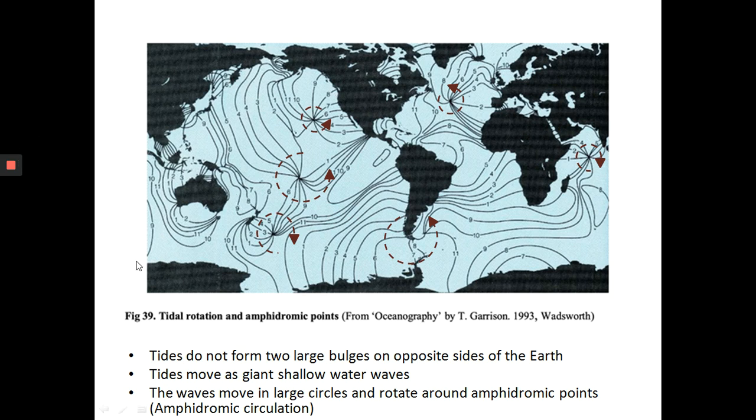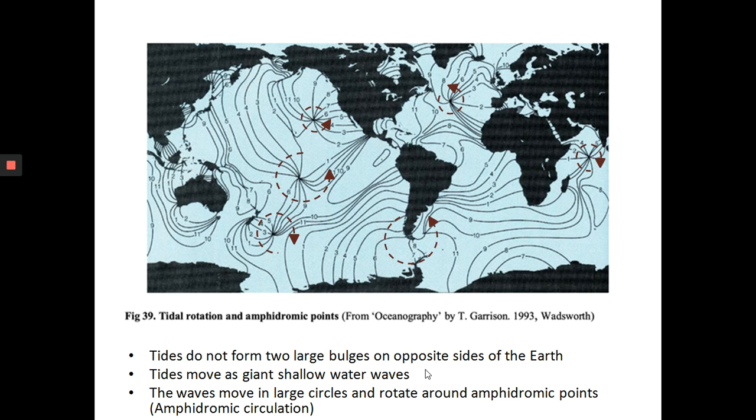So in reality, you don't get two large bulges on opposite sides of the Earth. You still get the interaction between the different celestial bodies, though. You still get a centrifugal force and gravitational pull, but you don't get nice, perfect, two large bulges on opposite sides of the Earth. Okay?